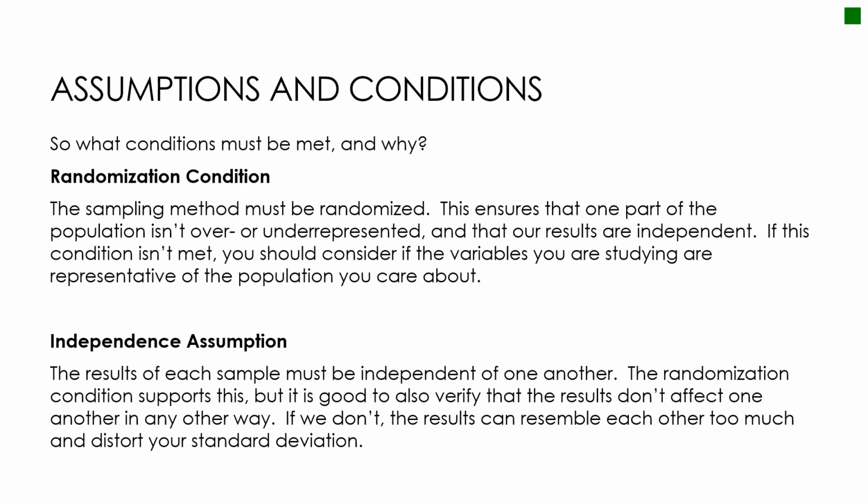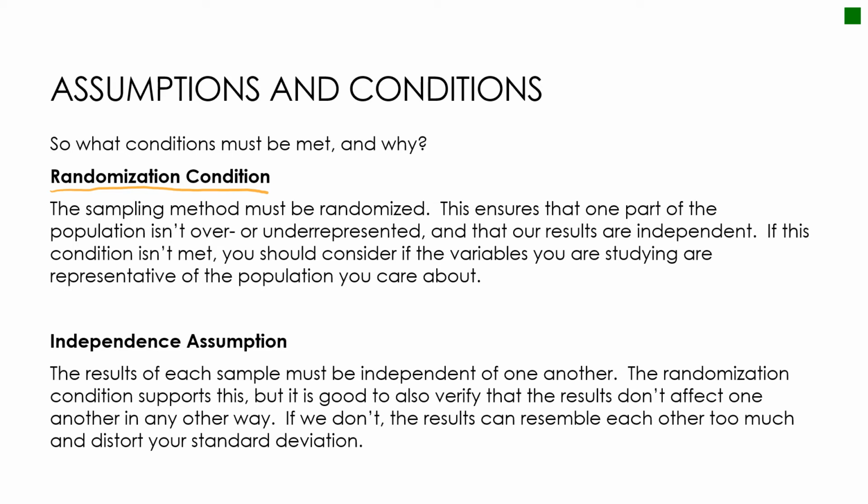So first, we have to say that the sampling method is randomized. Well, we talked a lot about randomization and all of the different sampling methods. We really want this to be randomized because we want our sample to be a good representation of the population, because if it isn't, then I can't make inferences about the population from the sample.